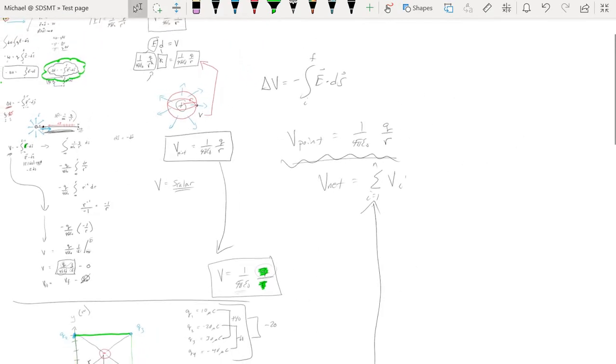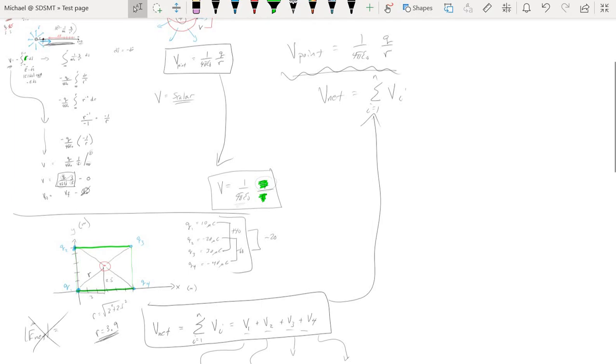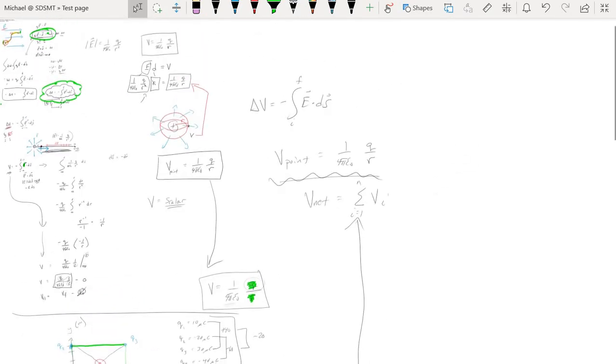We have to think what's going to happen if we go from a system that involves 4 charges to a system that involves 4,000 charges, or 40,000 charges, or 4 million charges. We're not going to have all that time to add everything up, and so we need to figure out how we are going to take this expression along with the knowledge that we have about these two systems to find the electric potential for other distributions of charge.